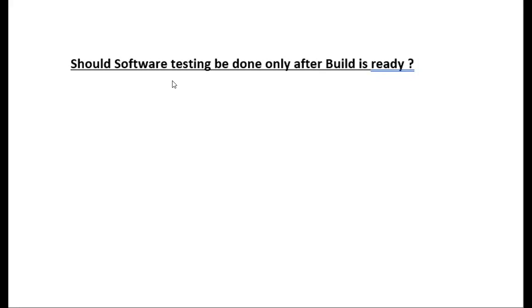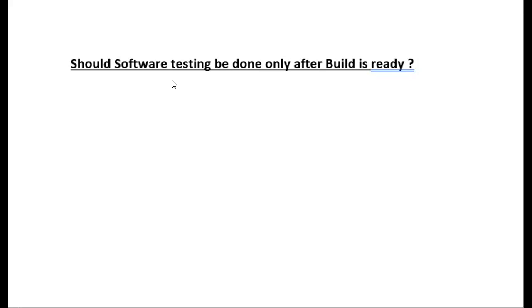For instance, fixing a defect in the maintenance phase, after being delivered to production when the product is already live, would cost around 10 times more. That's a really huge cost, I would say.